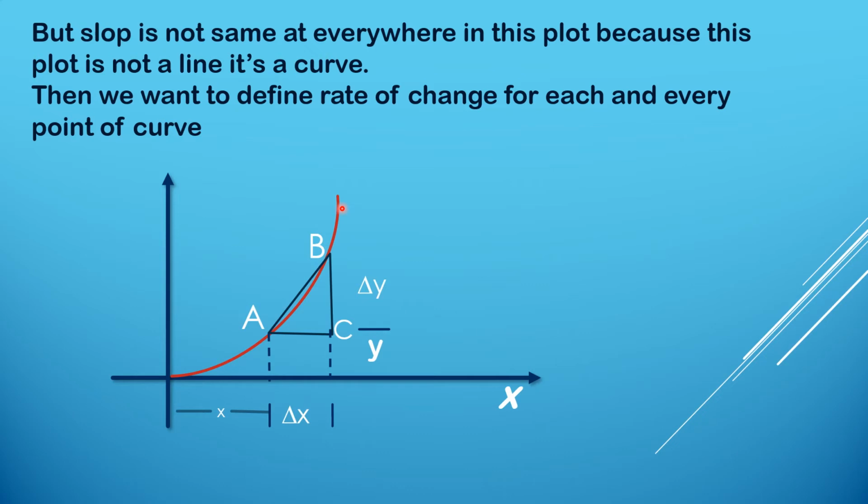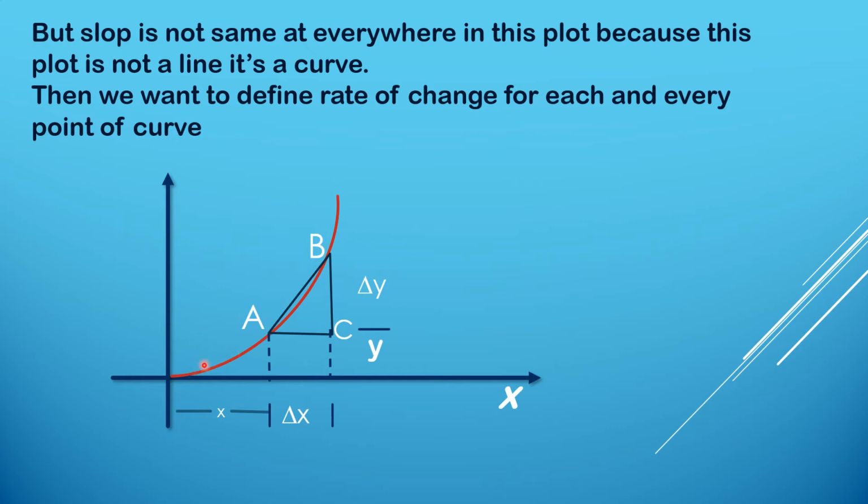But at this point, where the slope is steeply upward, a minor change in x increases y by too much. If I change x from here to here, then y increases from here to here. So this minor change in x increases y by too much.